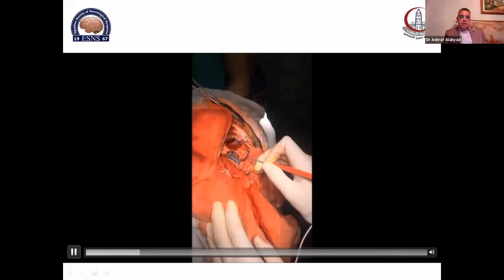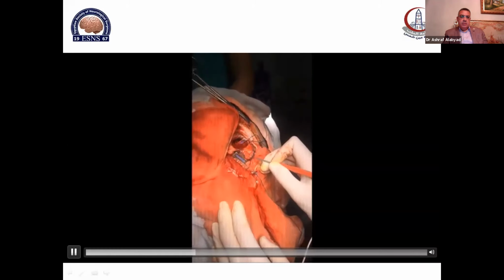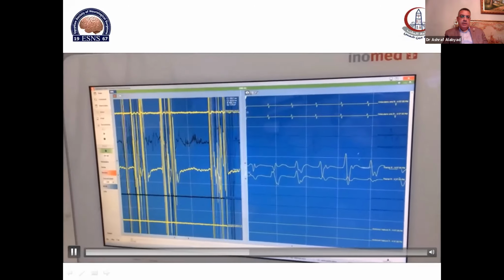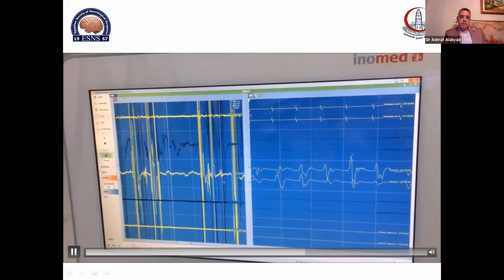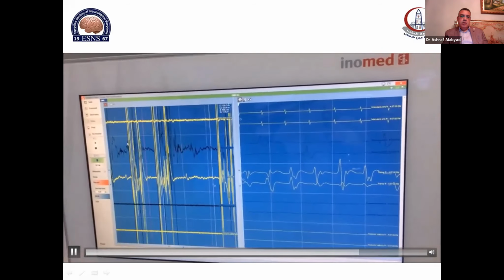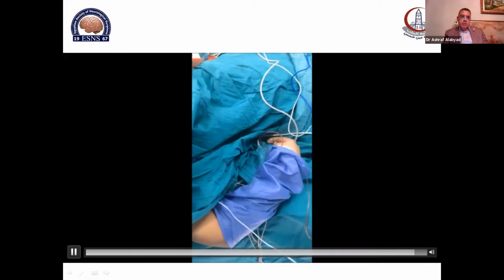It's either you get some after-discharge, as you see here in the monitor, or sometimes you get vigorous movement from the patient's limb itself.